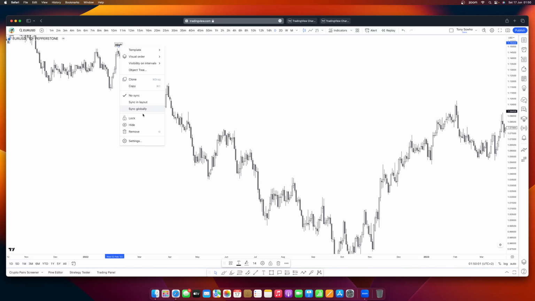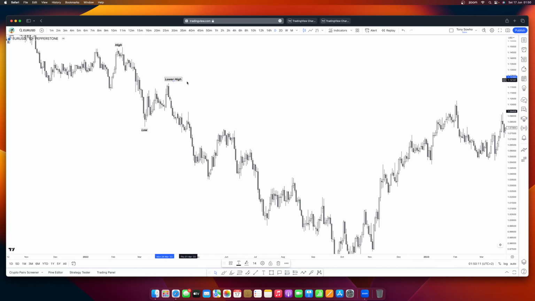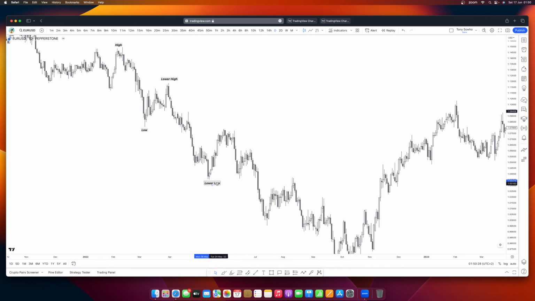We have this as the lower high here, and we have this area here as the lower low. Lower low. And then we can just keep copying. So we now have this as the lower high, and then we have this as the lower low.